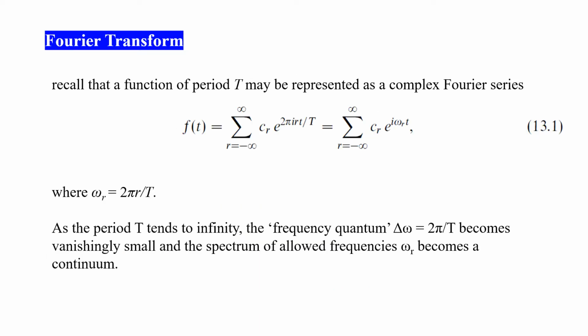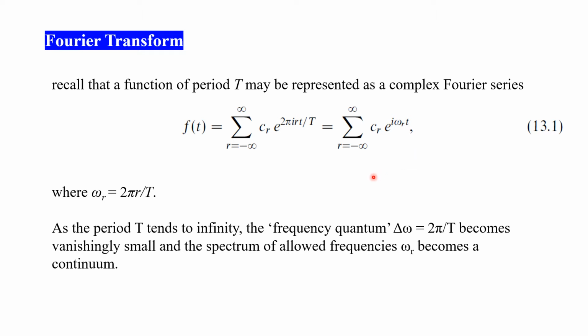In order to develop the transition from Fourier series to Fourier transforms, we first recall that a function of period T may be represented as a complex Fourier series. This is what we did in our last video.